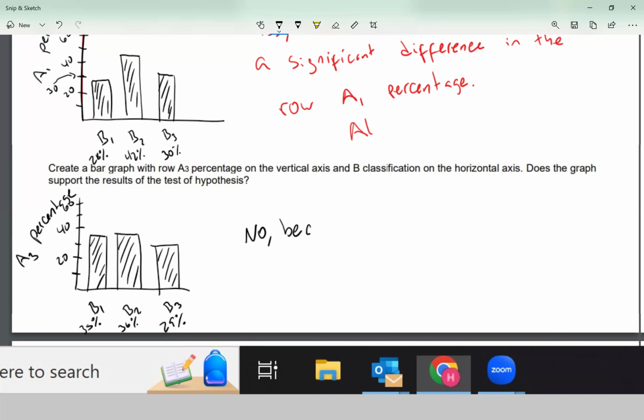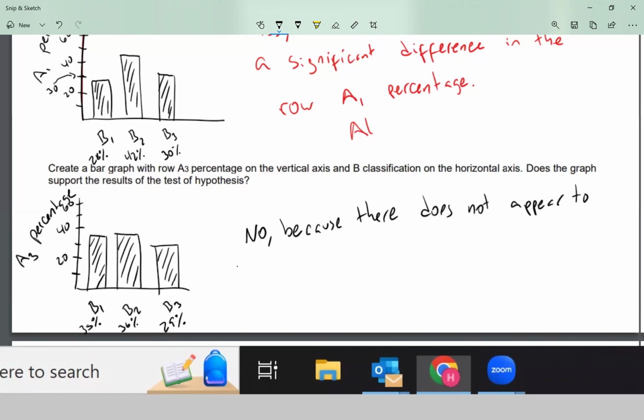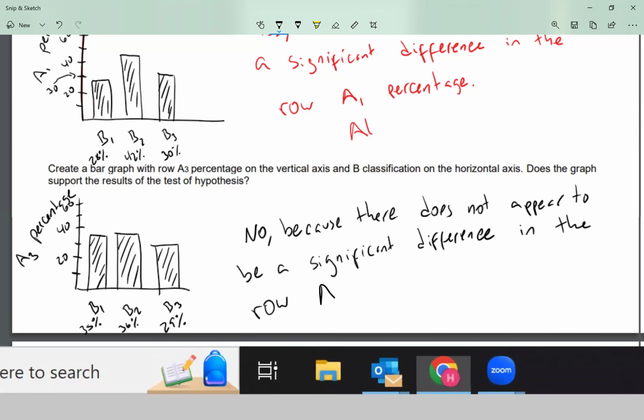The reason why I say no is because there does not appear to be a significant difference in the row A3 percentages.